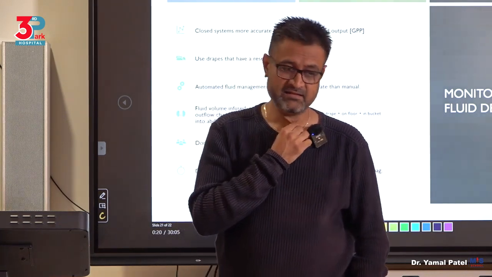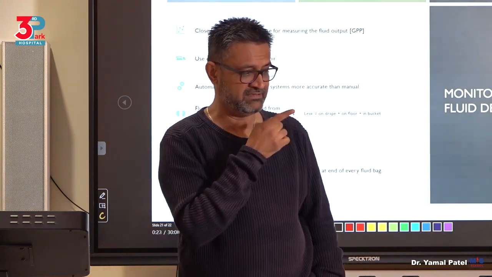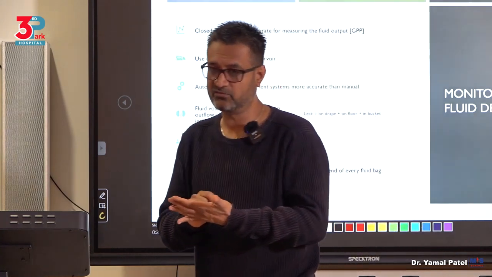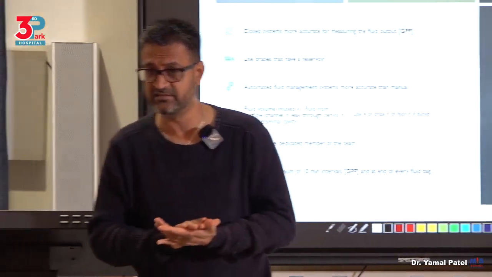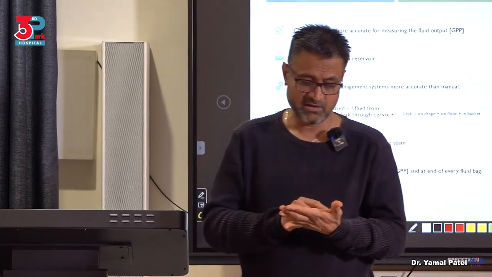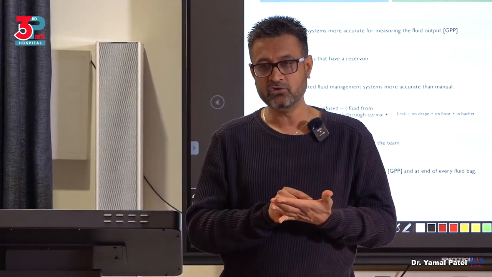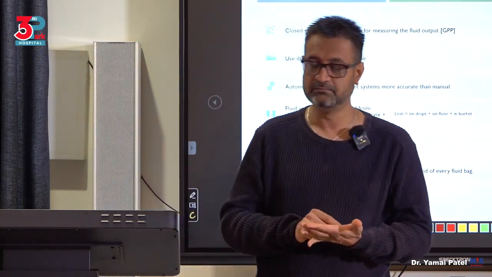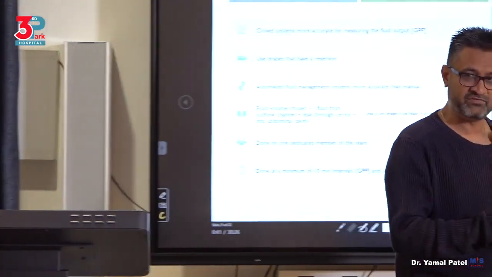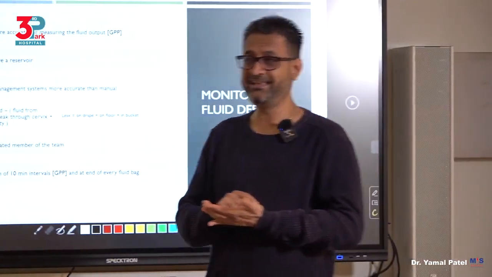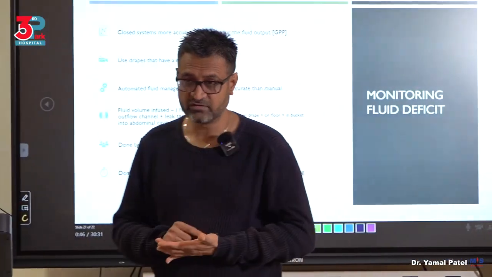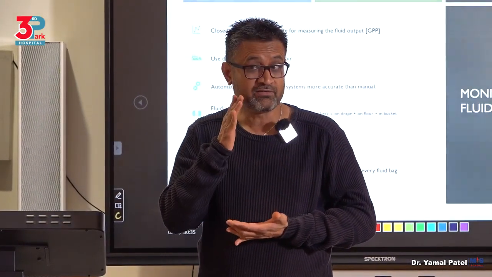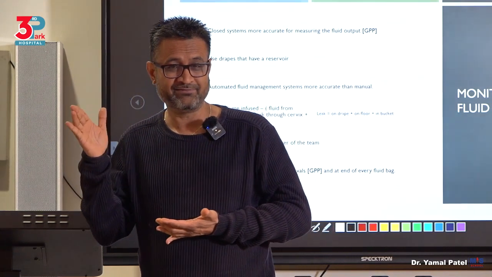That nurse is monitoring in and out, calculating, and every 10 minutes or so updating the surgeon team that right now 4 liters of saline used, negative deficit at the moment is 500 ml. After another 10-15 minutes of the surgery, right now 6 liters used, negative deficit 1.2 liters. So you know you're heading towards 2.5.